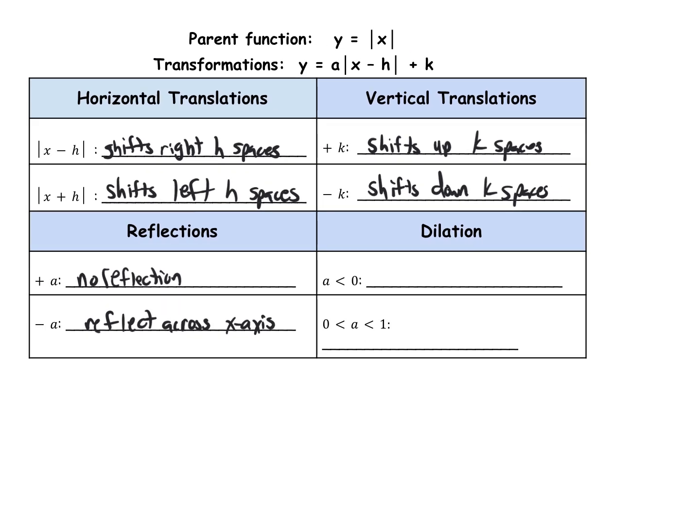And if the absolute value of a is greater than 1, sorry, I should say greater than 1, then that is going to stretch vertically. And if the absolute value of a is between 0 and 1, we are going to compress vertically.